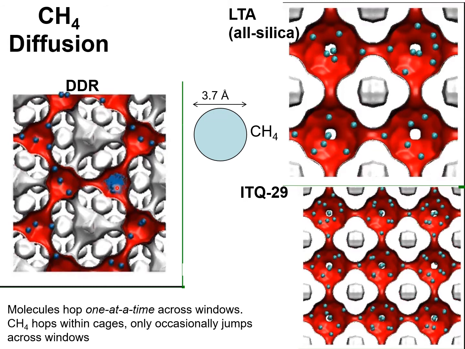In this case, we track the trajectory of one methane molecule, and the trajectory is indicated by these blue lines. Up to this time, the methane molecule has not crossed the windows to any of the adjacent cages. If we watch this window patiently, we will see one hop occurring to this window.